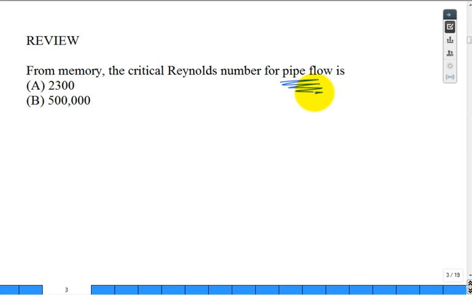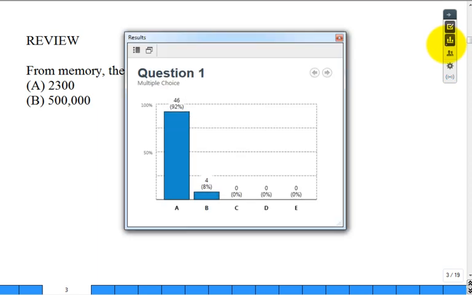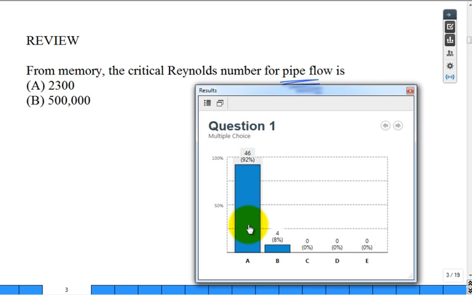All right, there you go. I'm just going to shut it down and read it and weep. 2,300. Hey, how come they're picking 500,000? They're thinking about the previous chapter. What was the previous chapter? Flow over a flat plate. The critical Reynolds number for flow over a flat plate is 500,000. For internal flow inside a pipe, 2,300.